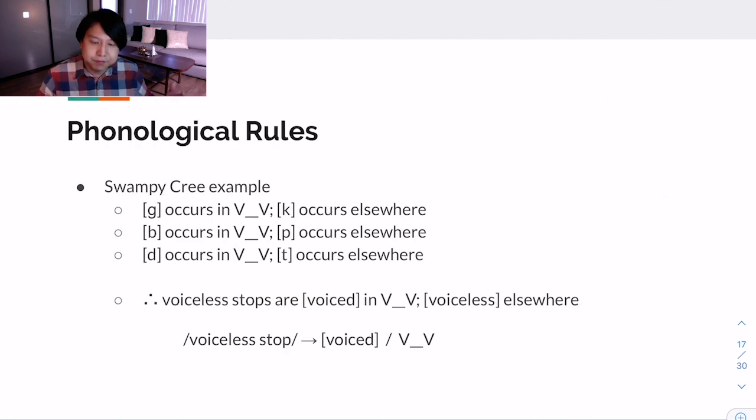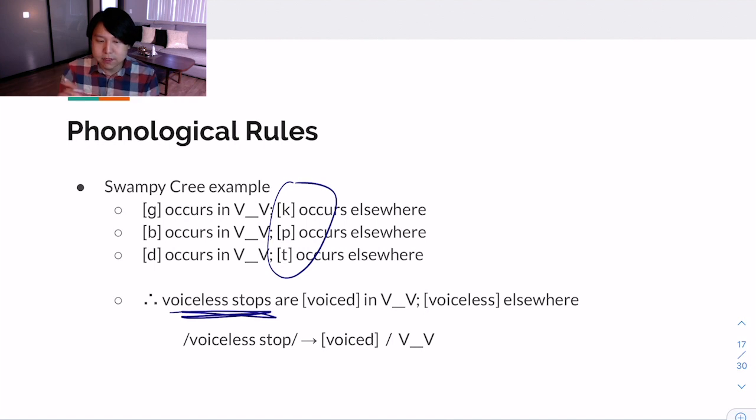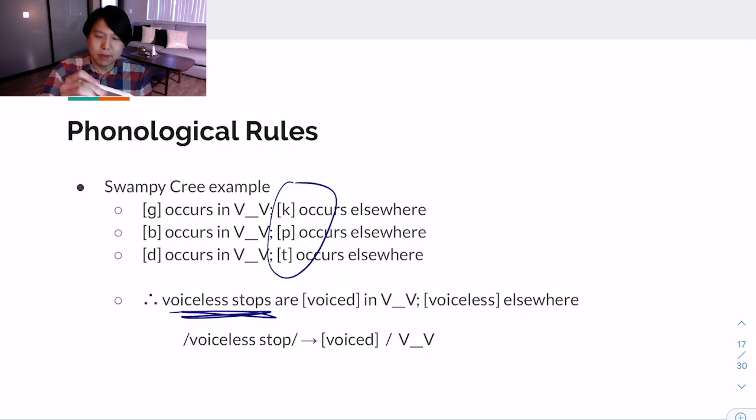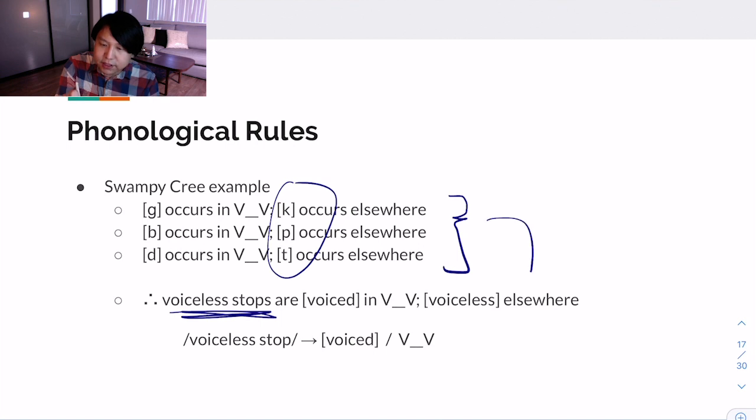You can generalize three sets of phonemes that have two allophones each into a single rule. That is, voiceless stops, because these are default phonemes, are voiced in an intervocalic position while they remain voiceless elsewhere. So basically, you just describe all three rules together in a single sentence.